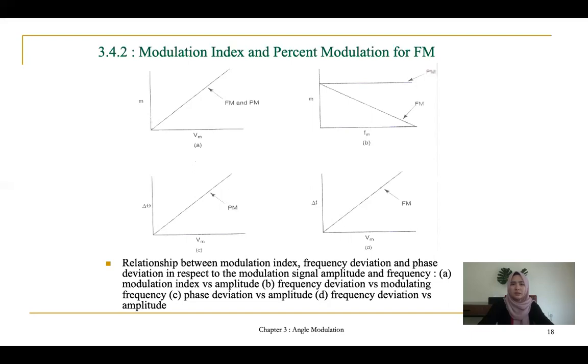We want to know the relationship between modulation index, frequency deviation, and phase deviation with respect to the modulating signal amplitude and frequency. If you look at the first figure here, for both frequency modulation and phase modulation, when the amplitude of the modulating signal is increased, the modulation index will be increased.